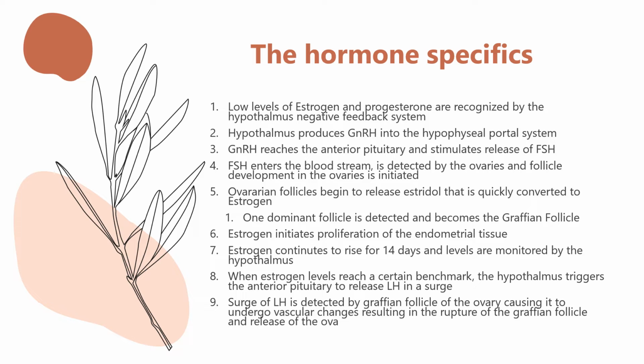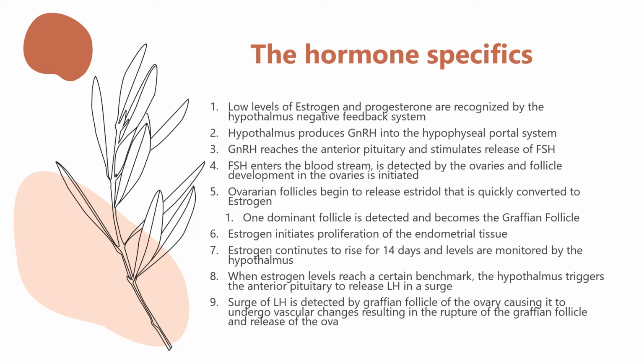As the estrogen continues to rise, those levels are going to be continually monitored by the hypothalamus. When it reaches a certain benchmark or a certain level, the hypothalamus will trigger the release of luteinizing hormone from the anterior pituitary.